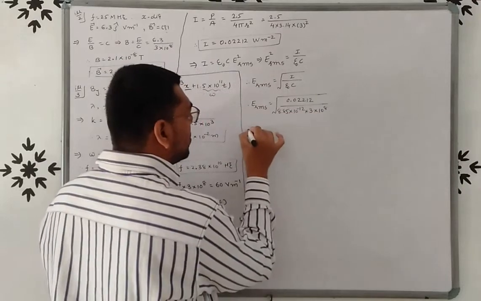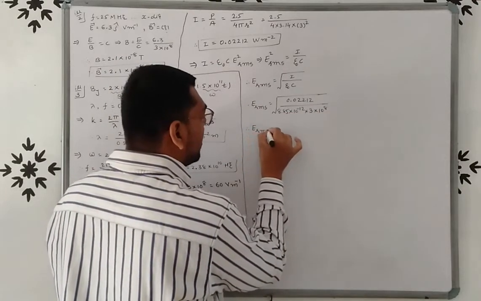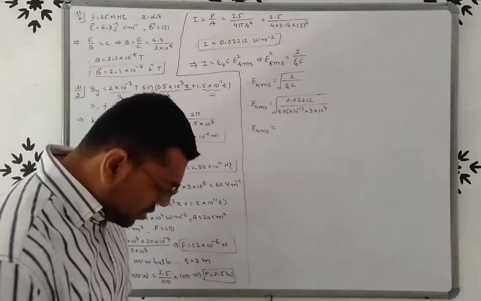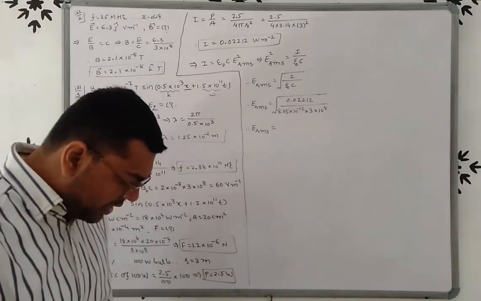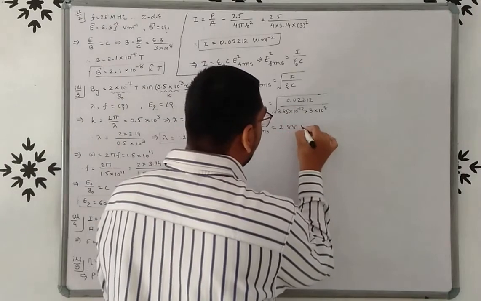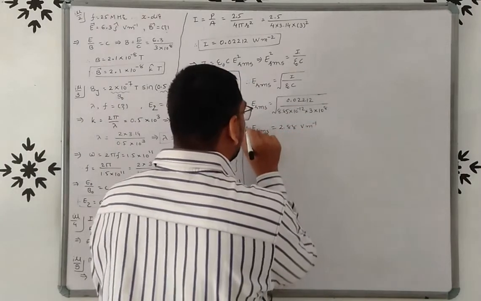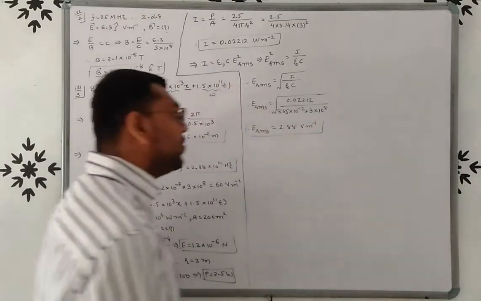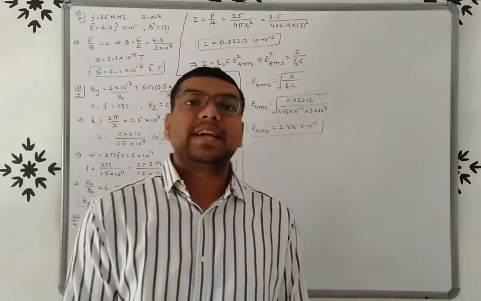After calculating this, you will get E RMS as 2.88 watt per meter.